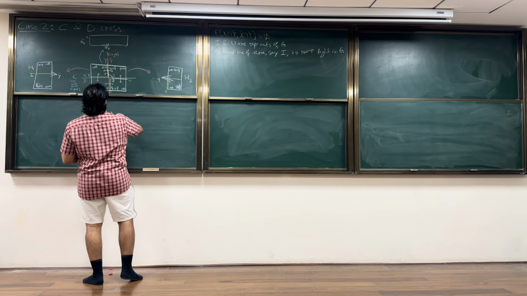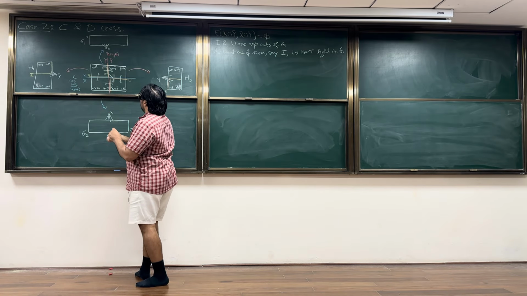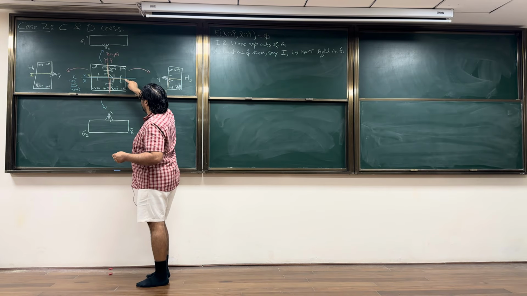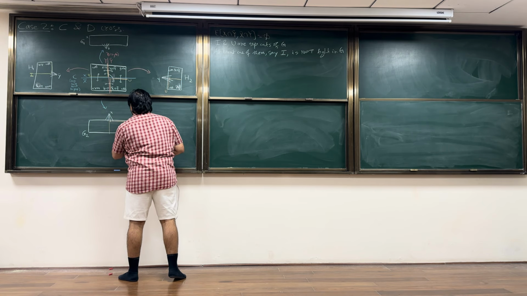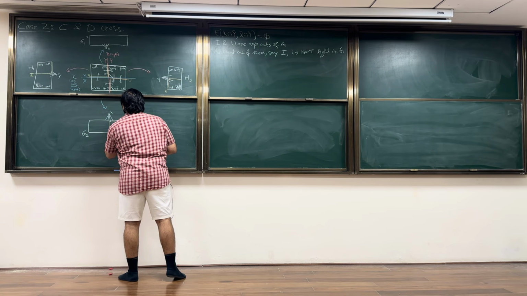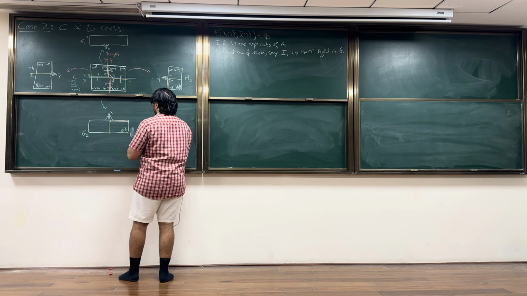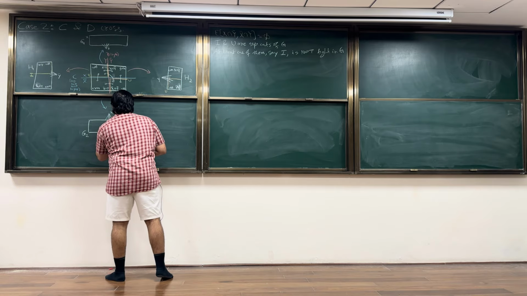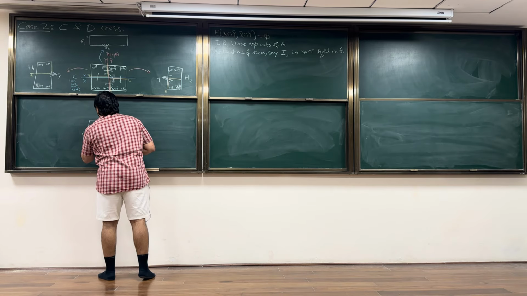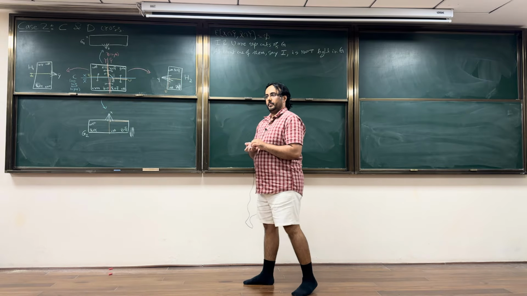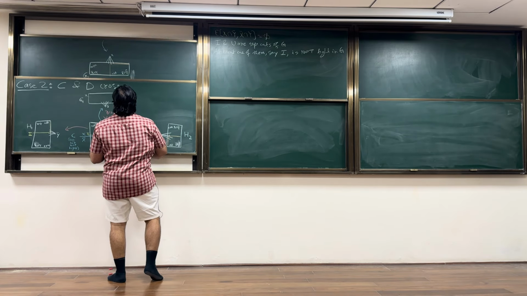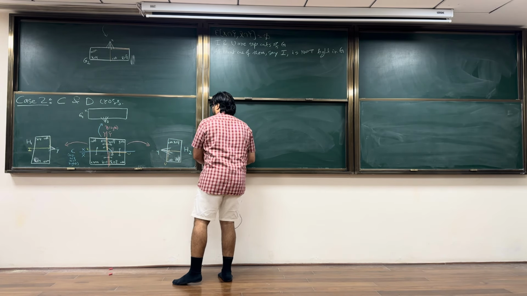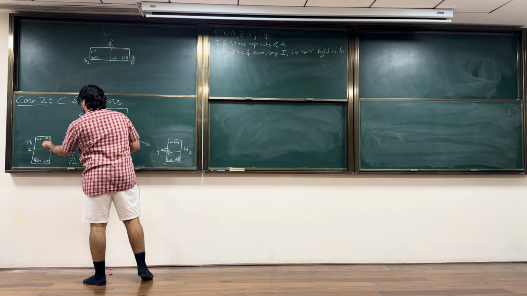Here we have shrunken X into a single vertex, so again I should draw U. This is again X bar intersection Y bar, and this is odd, of course. This is X bar intersection Y, and this is even. Let's also draw something here by symmetry.